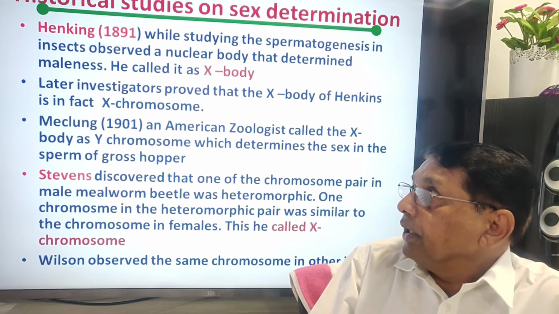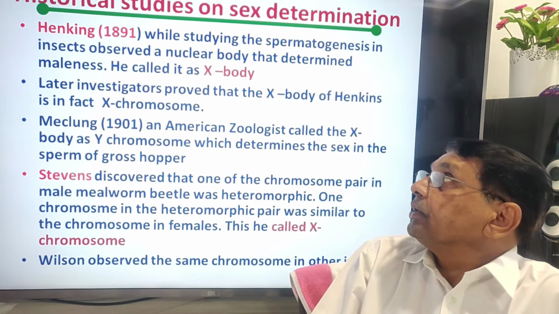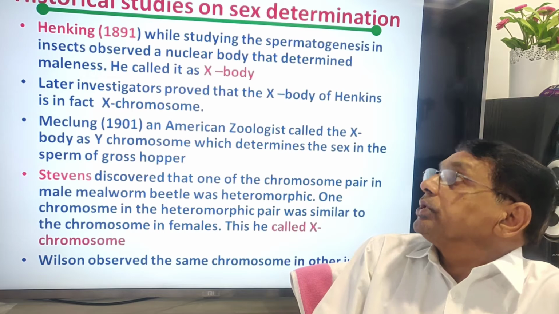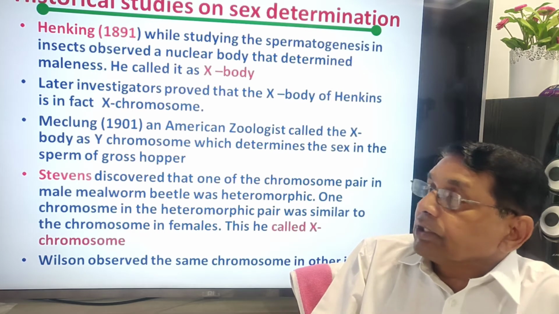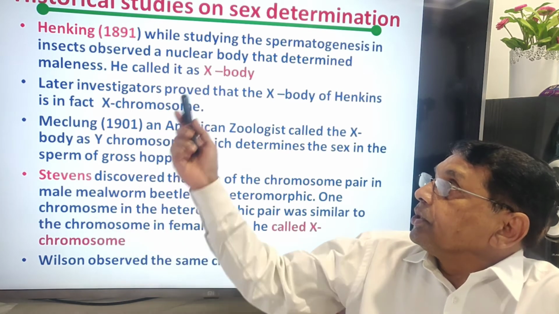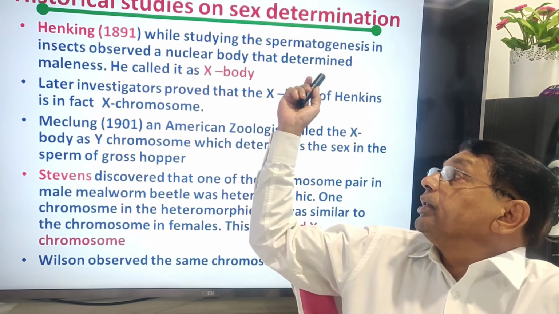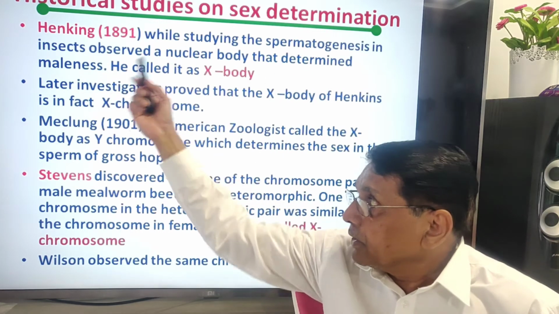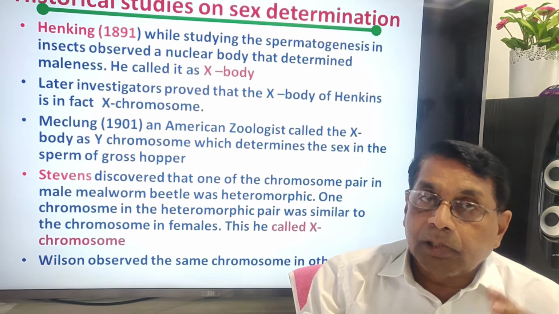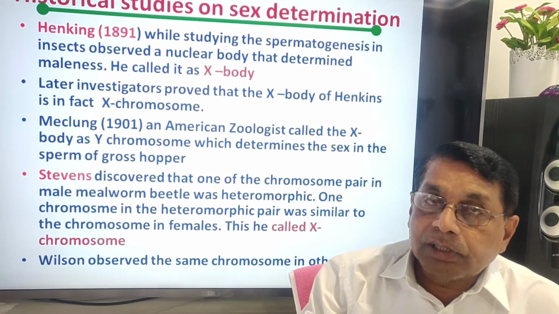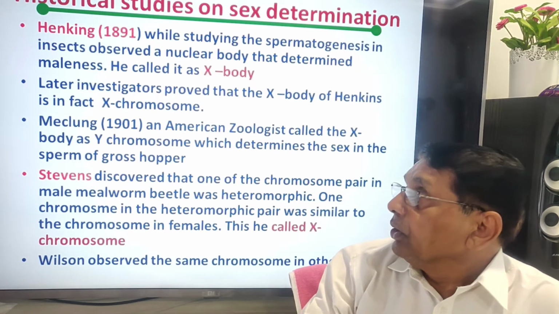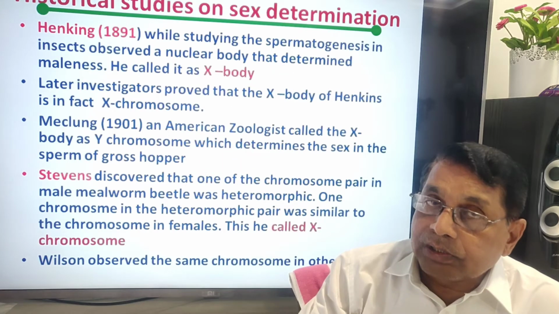Hanking in 1891, while studying spermatogenesis in insects, observed a nuclear body that determined the maleness. In male insects, he observed a special body present in the nucleus.